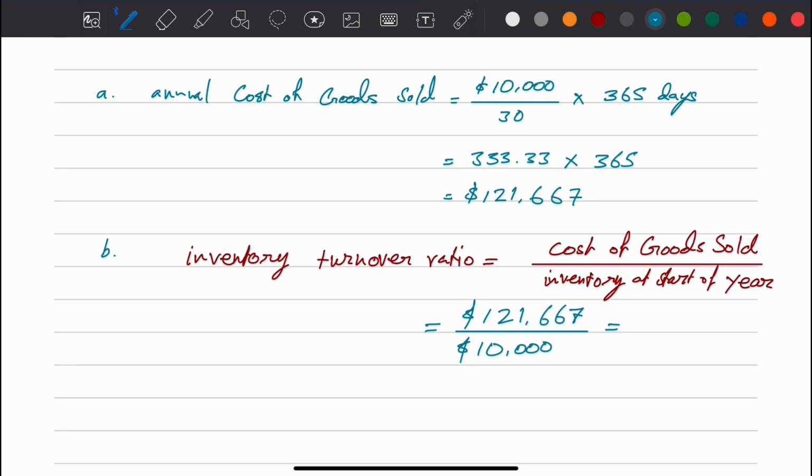Okay, again, use your calculator. 121,667 divided by $10,000, and we get 12.167. So we'll just round it up to 12.17. Okay, so the company's inventory turnover ratio is 12.17 times.